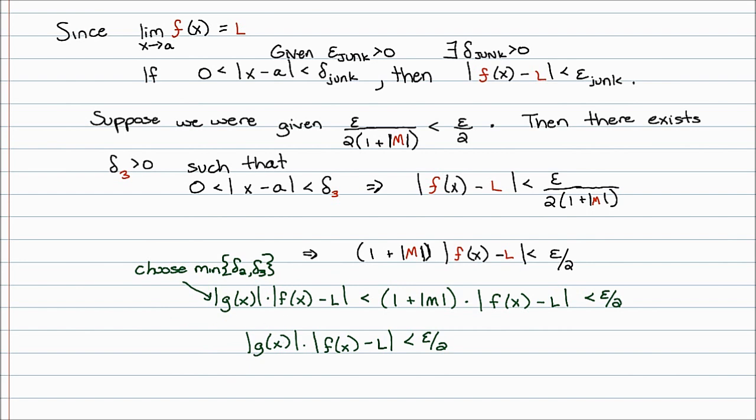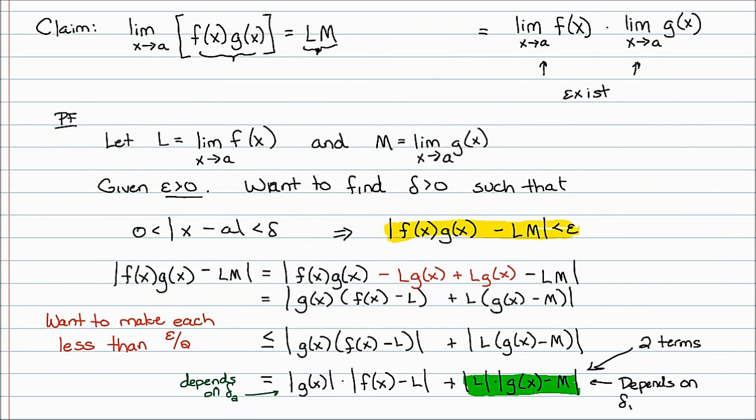So if we go back to our original claim, the first factor of the first term depends on delta 2, and the second factor of the first term depends on delta 3. So the first term totally depends on delta 2 and delta 3. The best way to guarantee that you find the smallest delta neighborhood is to let delta be the minimum of those three. So let delta equal the minimum of the set delta 1, delta 2, and delta 3.